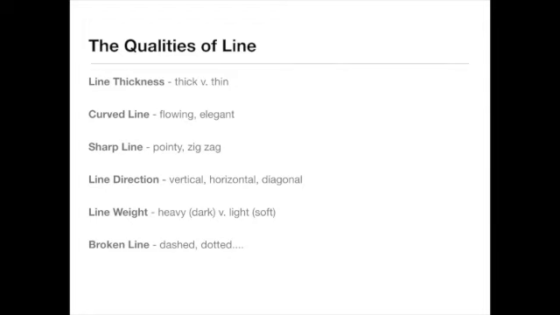We also have line weight, and that's where we are using pressure, pressing really heavily in order to create dark lines, or very lightly to create soft lines. And lastly, we have broken lines, which are those dashed or dotted lines that are intermittent. And most importantly, when you use these, it helps to create visual variety and interest in your work.